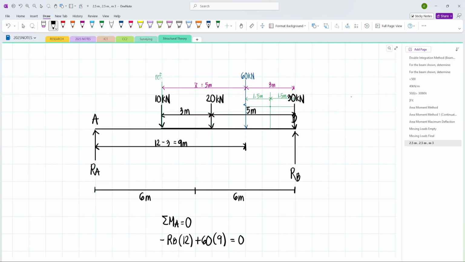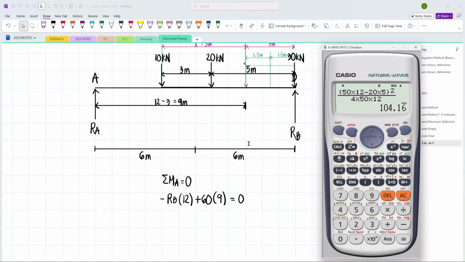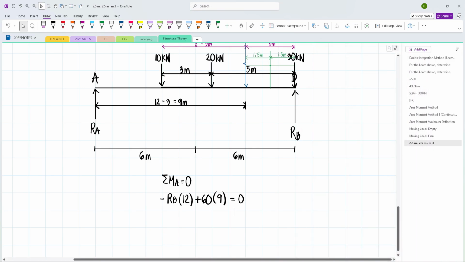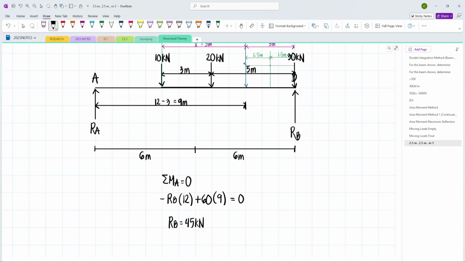Then, equate to 0. So, we have here minus 12 RB. Ano na lang? 60 times 9. Move this to the other side of the equation. Then, divide natin by 12. Ayan. So, the maximum shear, which is RB, is 45 kilonewtons. Ayan.